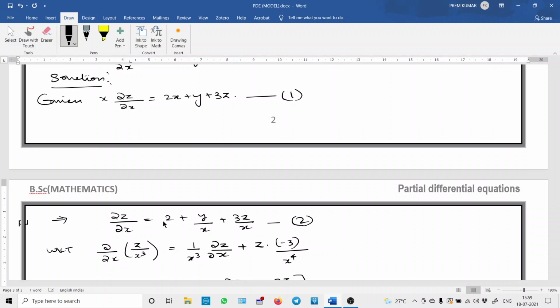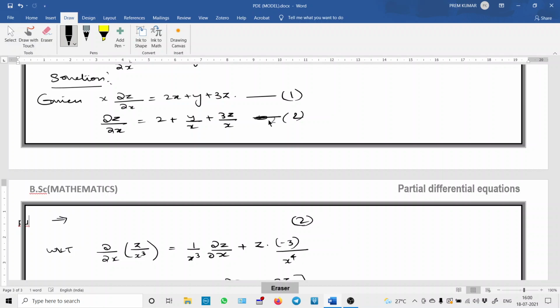Yes, now the second equation I will write here, making a little change. ∂z/∂x = 2 + y/x + 3z/x. I name this as 2. Sorry, I am not going to give a name for this equation.